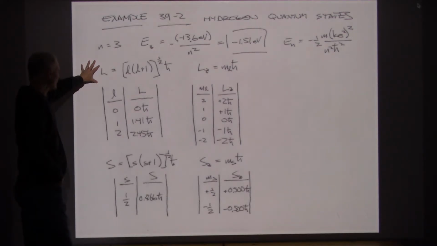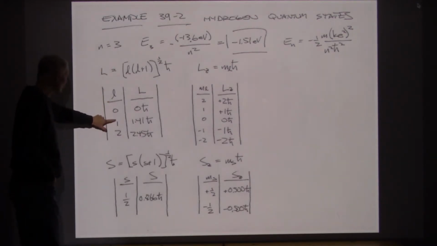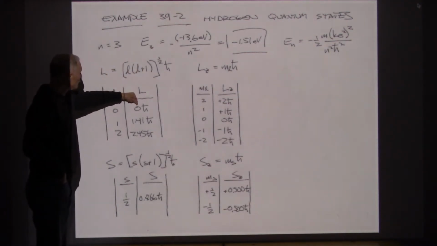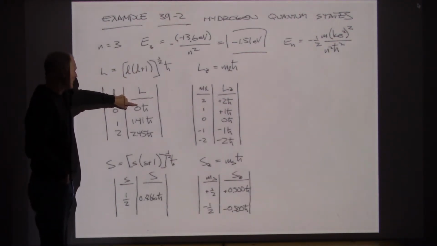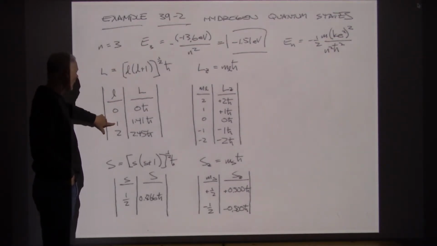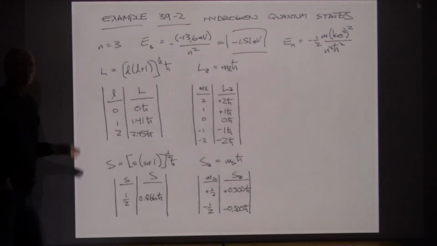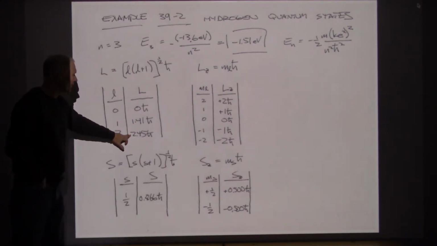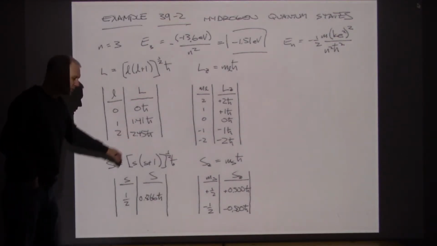The total angular momentum, if little l is 0, 1, or 2, plugging into this formula: for 0 we get no angular momentum, but for L equals 1, we get 1.41, the square root of 2, and then this is the square root of 6. So you can see these are larger than just the integer values themselves.